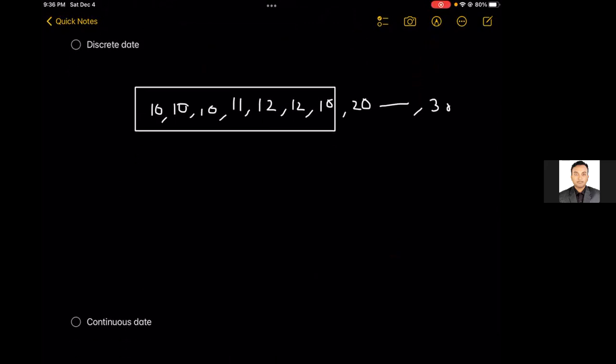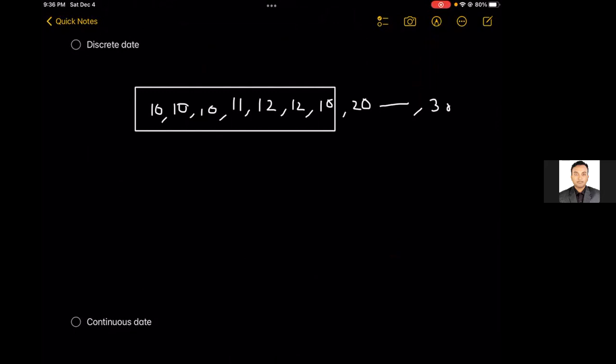One is discrete, the other one is continuous. If we have a continuous data set, which one would be a good option? Well, a very good way to start would be which one is not a good option.